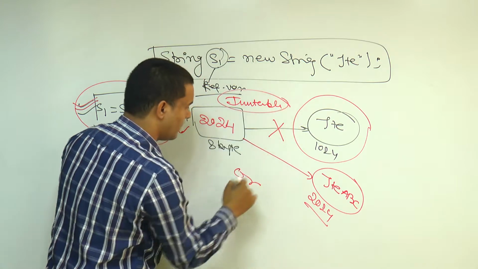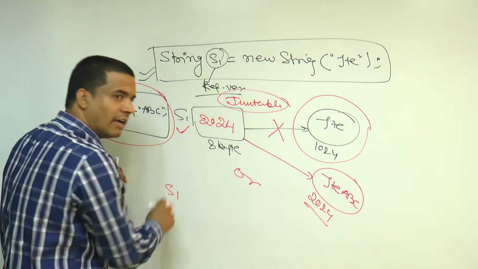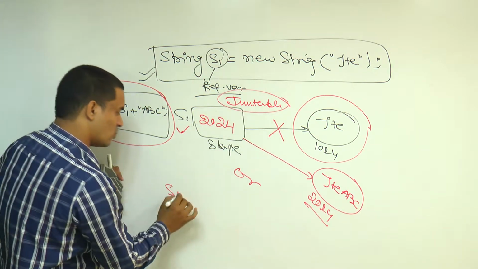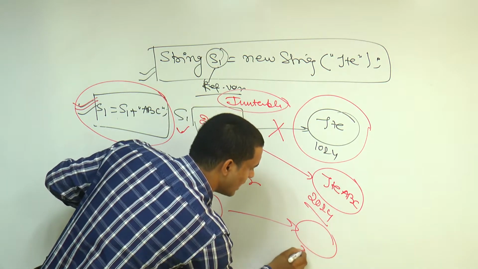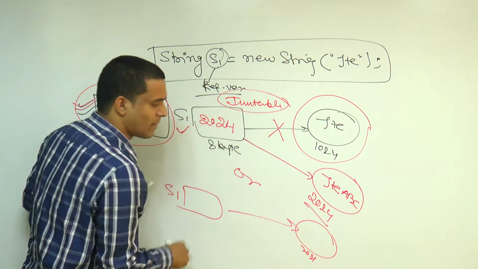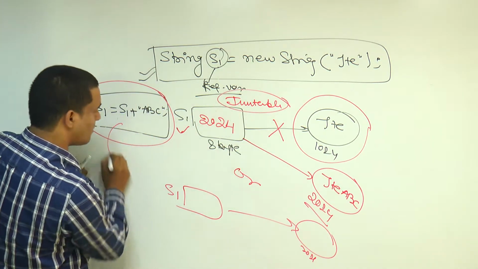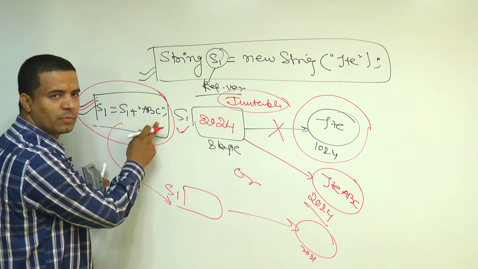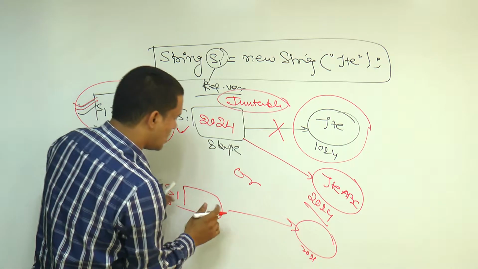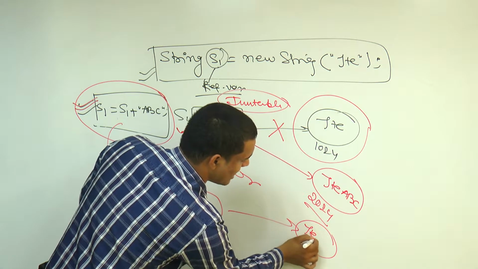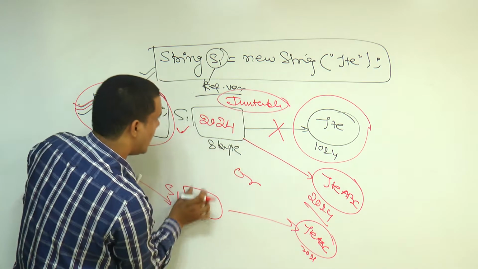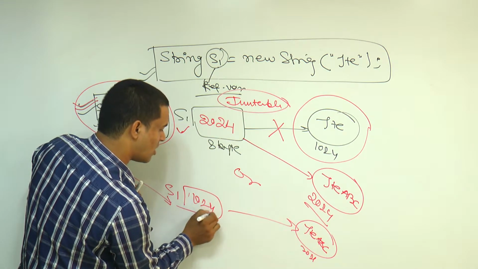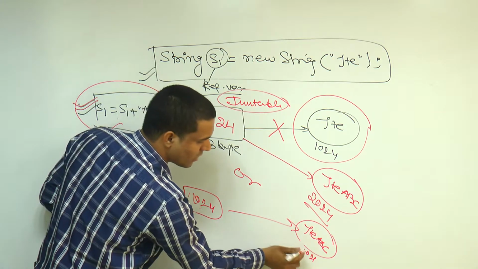Similarly, in the mutability case, suppose I am writing s1 as 2024, and some operation is done like s1 plus abc. JTC was already there, and if it changes inside that itself and the total reference is not changed, like you can write here 1.